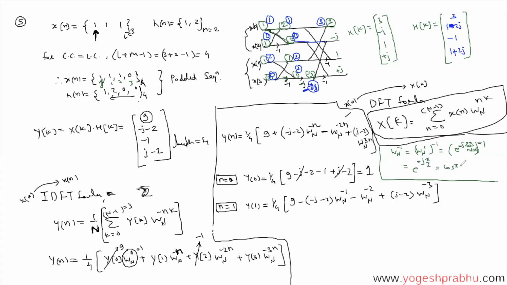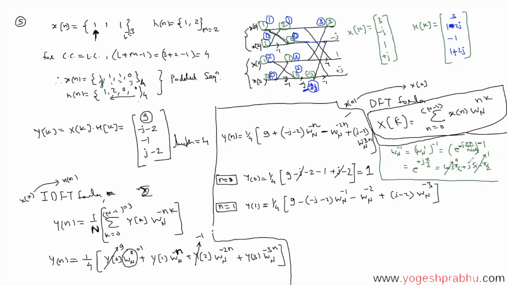which is cosine pi by 2. You can just plug this in a scientific calculator and find out this answer. But anyway, this is cos pi by 2 plus j sine pi by 2. Sine pi by 2 is 1. Cos pi by 2 is 0, so you get this as j. This should be minus j actually.